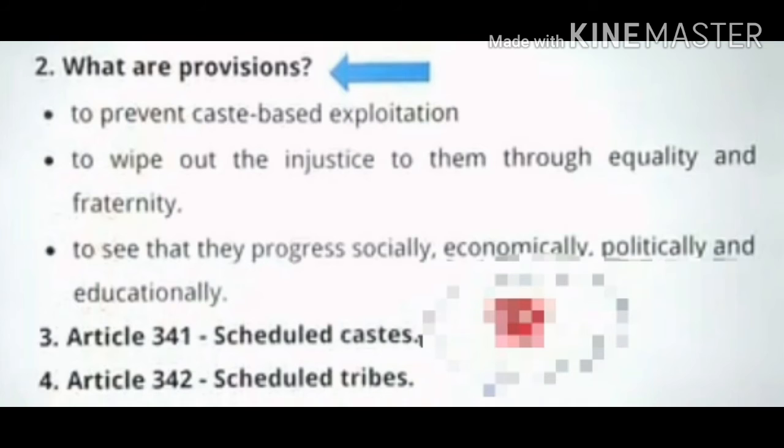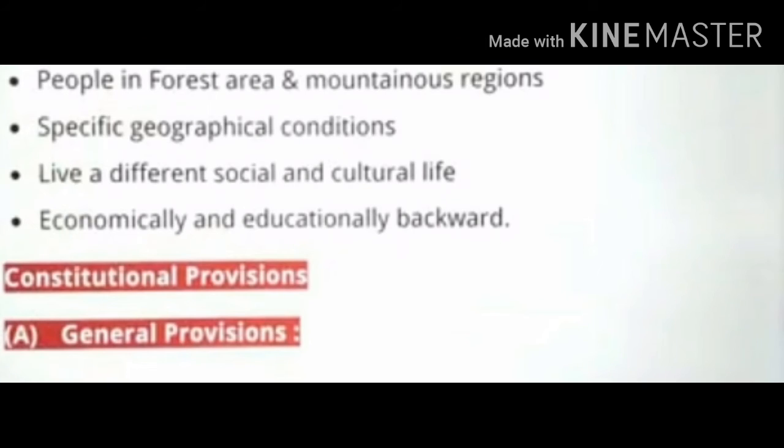According to Article 342, it is for scheduled tribes. This is for the people in forest areas and mountainous regions, with specific geographical conditions, who live a different social and cultural life, and who are economically and educationally backward in this tribal area. For them Article 342, so that they can also progress socially, economically, politically, and educationally.